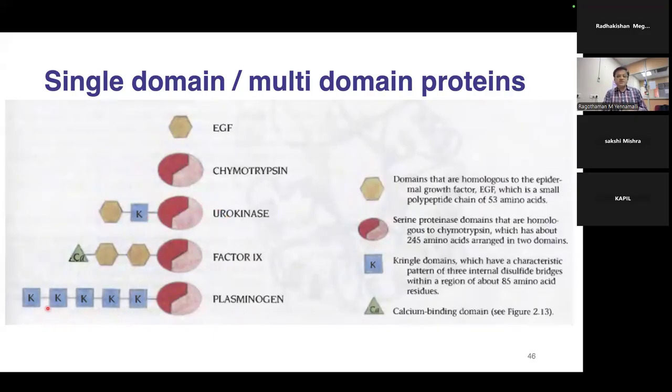Plasminogen consists of multiple things along with the serine protease domain. So there are 5 Kringle domains and then a serine protease domain. Factor 9 has a calcium binding domain, 2 EGF domains, and then the serine protease domain. So depending on the protein and its function, you have multi-domain proteins or single domain proteins.